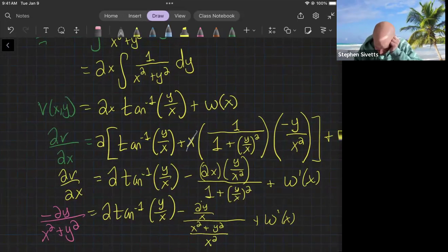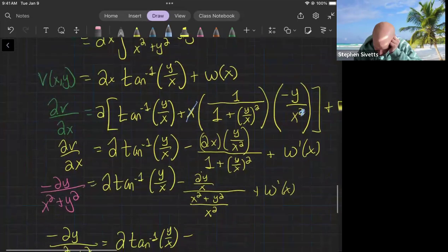So right, the x's cancel here. I'll get an extra x there.